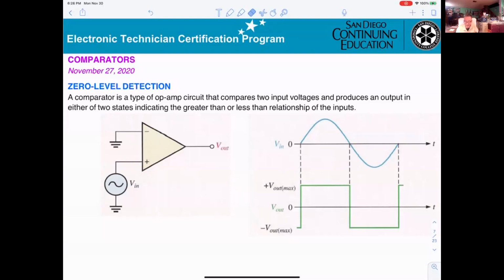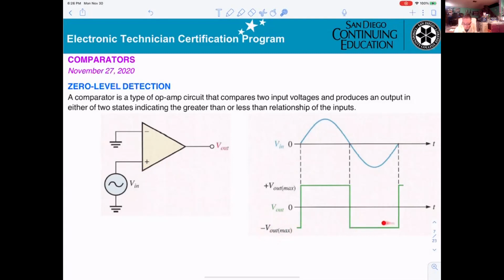And when you get a negative right here, a negative this side compare to root here. So this negative now will be higher than positive. Output will be going down to negative voltage saturation, or minus V out max right here.